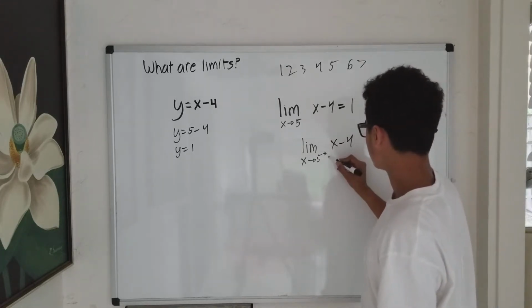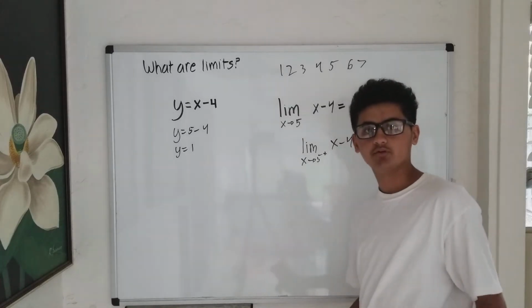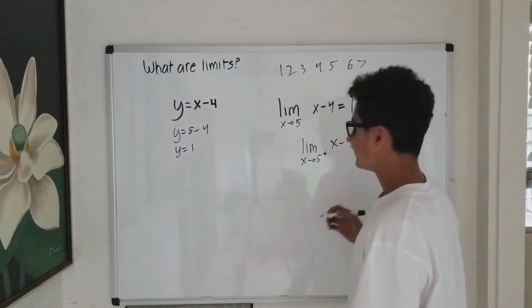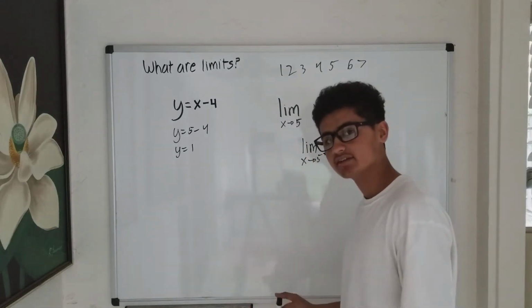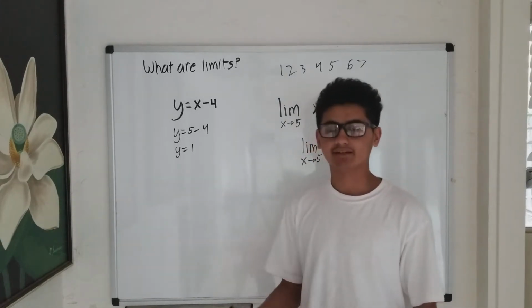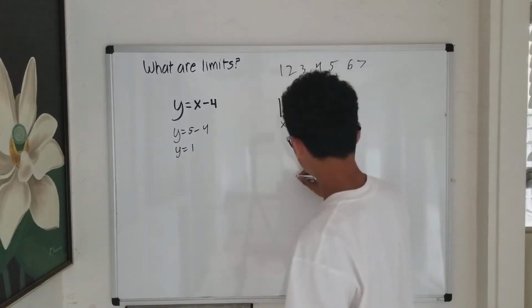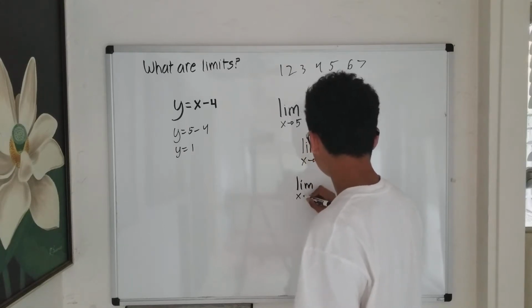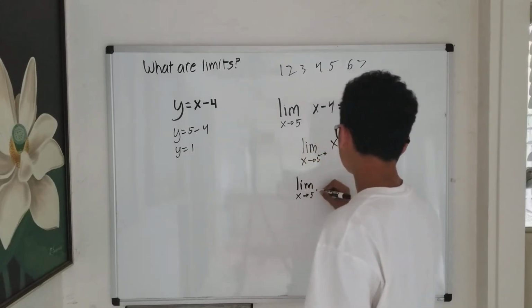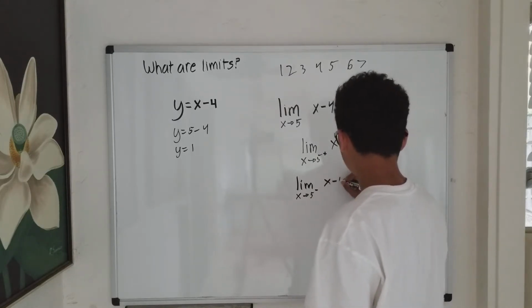Very simple if you only want values from the right side, like 5.3, 5.2, 5.1 in this case. Now, if the addition sign means from the positive side, what would you think is from the negative side? Obviously, the negative side is the complete opposite. The negative side would be limit as x approaches 5 from the negative side of x minus 4.